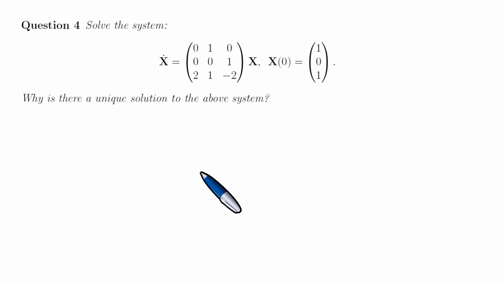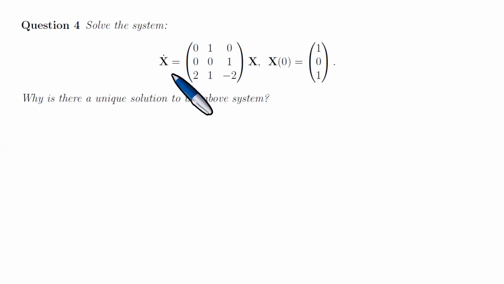Why is there a unique solution to the above system? Right, first and foremost, this one is actually an ordinary differential equation, which is a matrix equation. So we're gonna deal with this one.